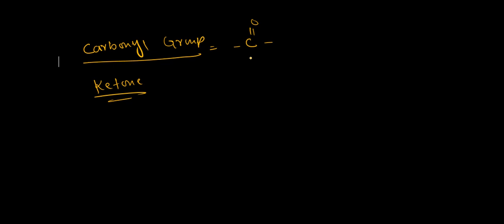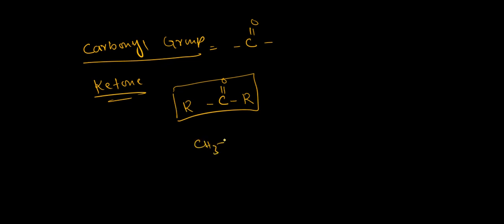If we attach an alkyl group on both sides, then it will be a ketone functional group. Let us take an example. R will be replaced by a methyl group: CH3, C double bond O and CH3.